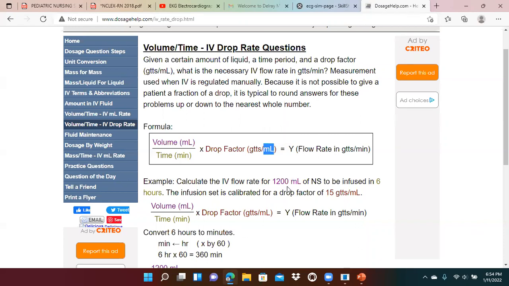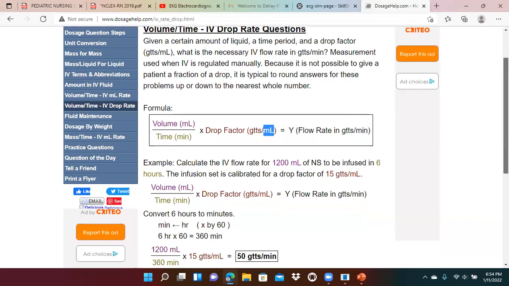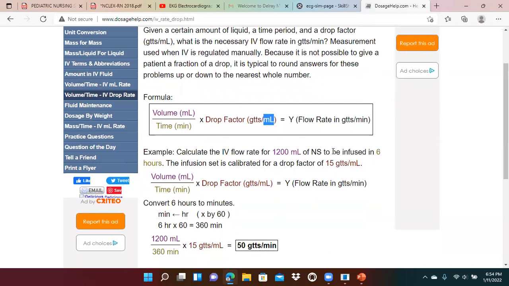This is the liquid, meaning volume, and the solution is saline solution, to be infused over 6 hours. So the hours have to be converted to minutes according to the formula. The infusion set is calibrated for a drop factor of 15 GTT per ml.